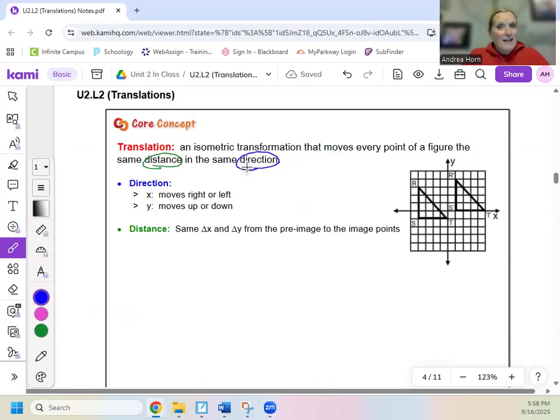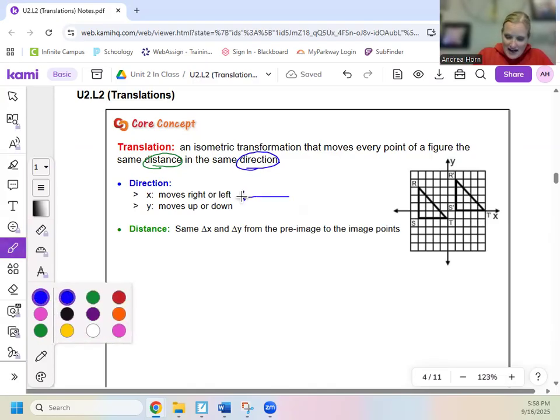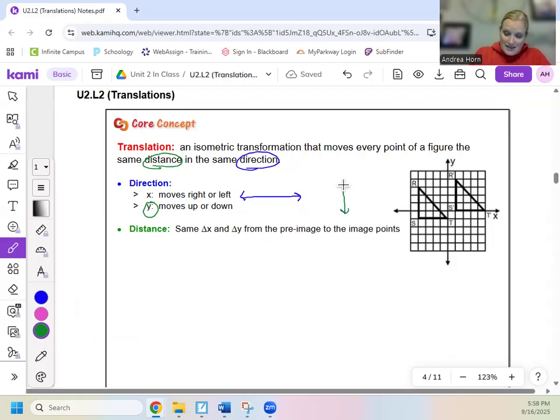Okay, now what is that distance and direction? The direction is that if there's a change in x, we're moving the graph left or right. And of course, that's because my x-axis is my horizontal axis, right? So if I have a change in my x value, then that means I'm shifting my figure left or right. If I have a change in my y value, then that means I'm moving up and down my y-axis.